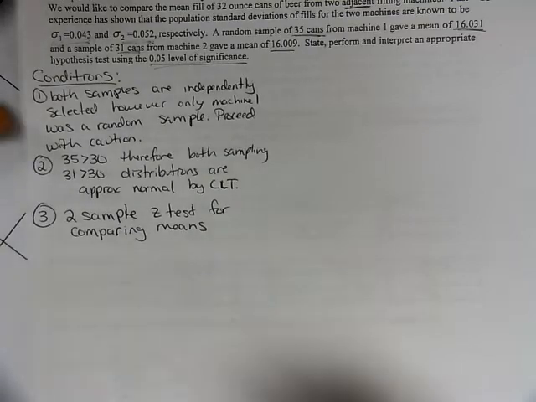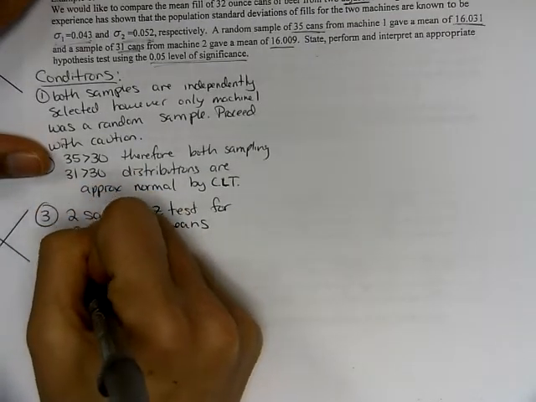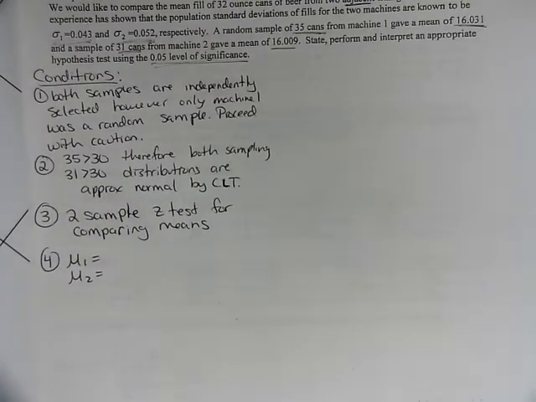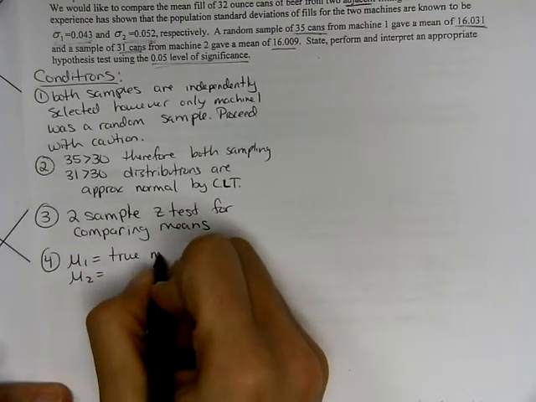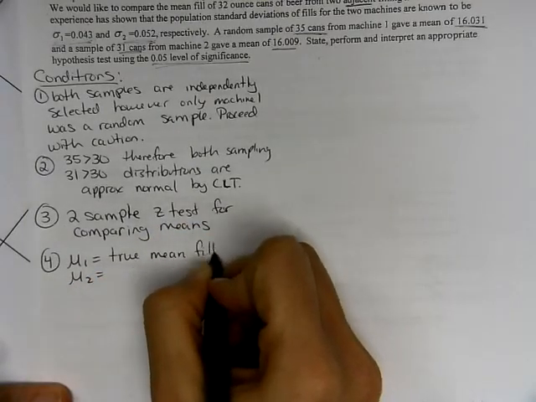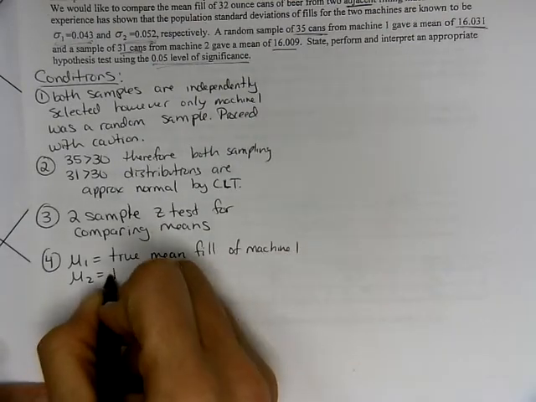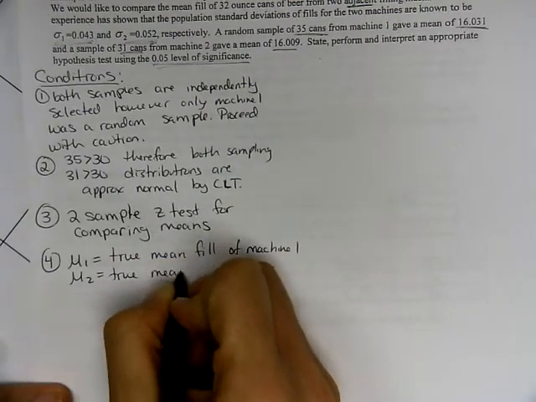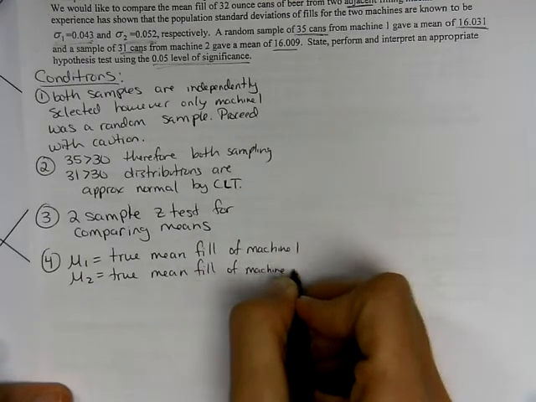Now, like I said, the most important one is that you tell me which one's mu1, which one's mu2. There's two machines, 1 and 2, so we're just going to stick with 1 and 2. So this is going to be the true mean fill of machine 1, true mean fill of machine 2.